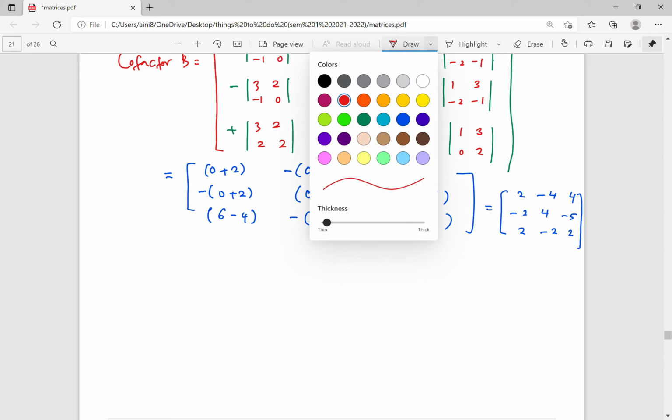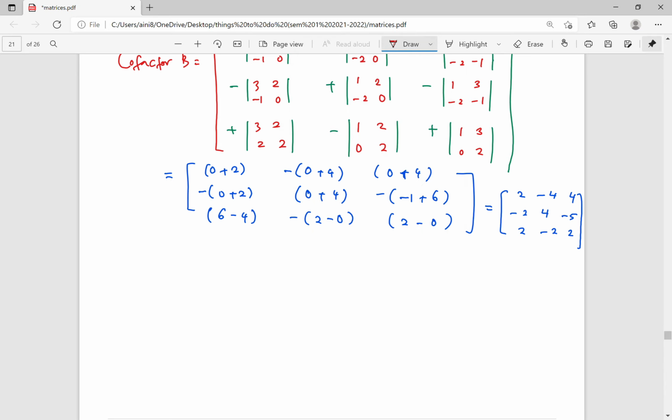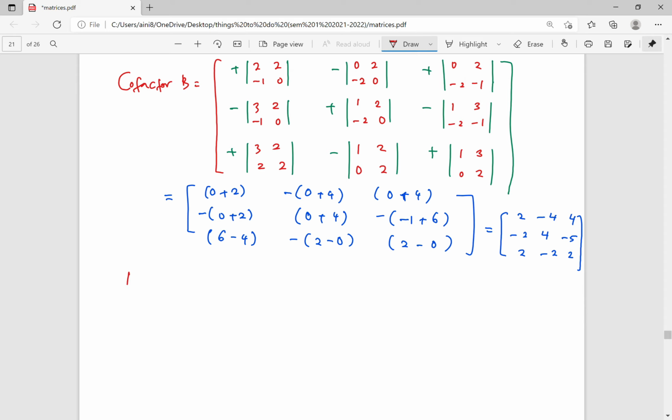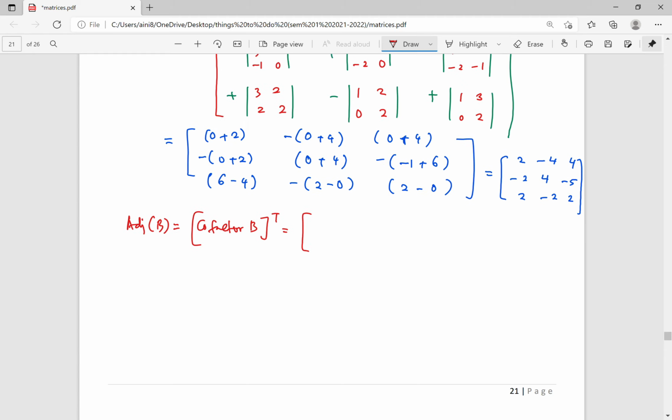Okay, but remember this is only the cofactor of B. Adjoint B is cofactor B transpose. So you have to transpose all the elements, all the rows become columns. So 2, -4, 4, -2, 4, -5, and then 2, -2, 2.